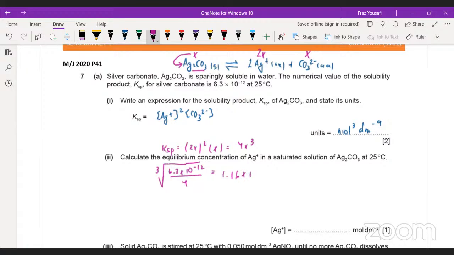Yeah, there it is. Now, this is telling me, again, the concentration of silver carbonate that is dissolved.